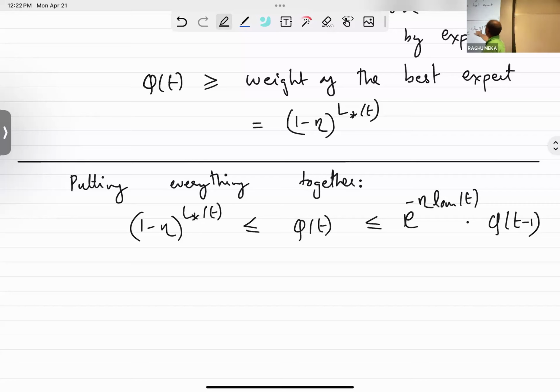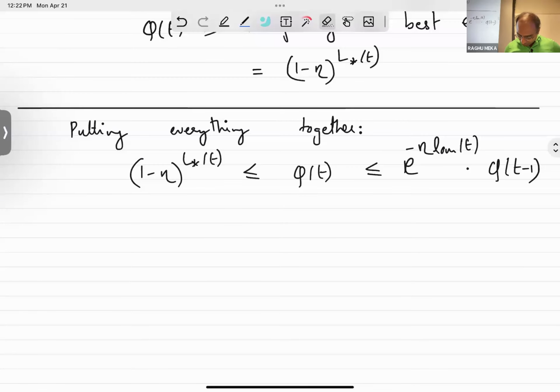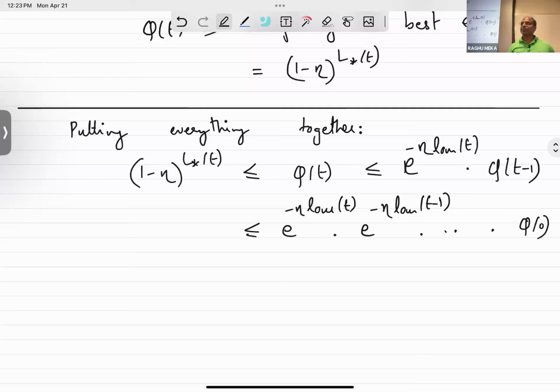Okay, so the loss we incur on day t times the previous loss. We keep iterating this every day. We get the loss on day t times e to the minus eta times the loss on day t minus 1, and so on, all the way up to phi of 0.